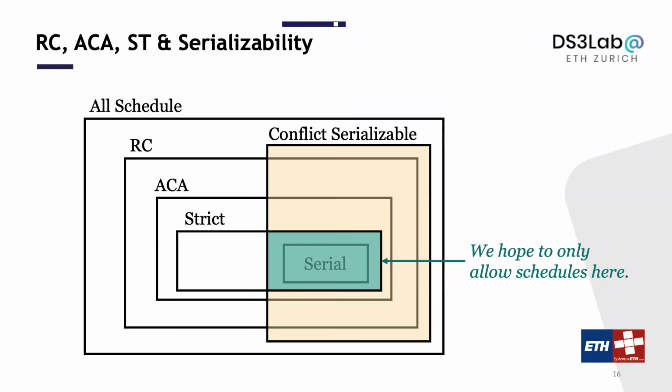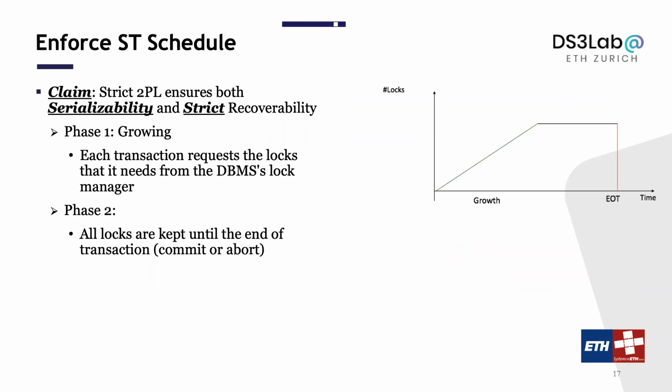Last week when we talked about locking, like two-phase locking, we know how to enforce conflict serializability. How can we also enforce recoverability, to make sure the whole thing is strict? It's actually interesting, because remember we have one protocol called strict two-phase locking.